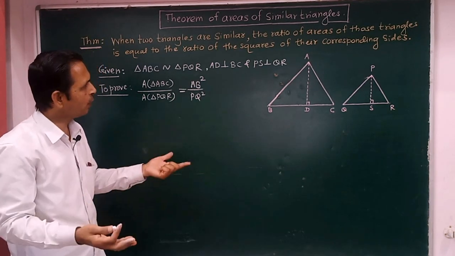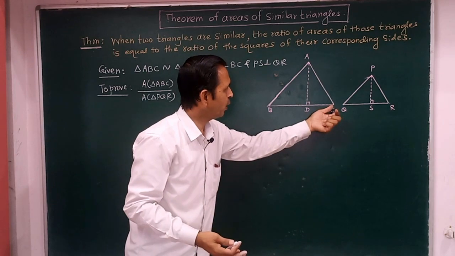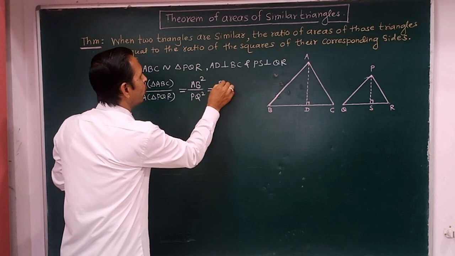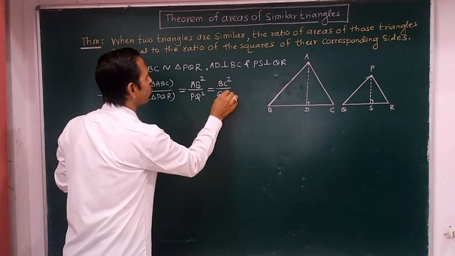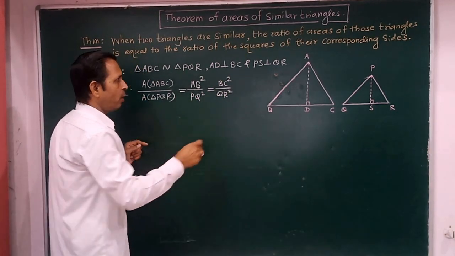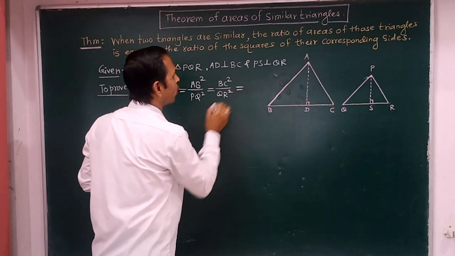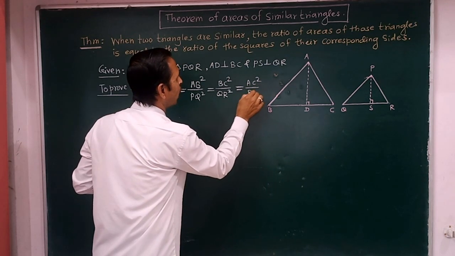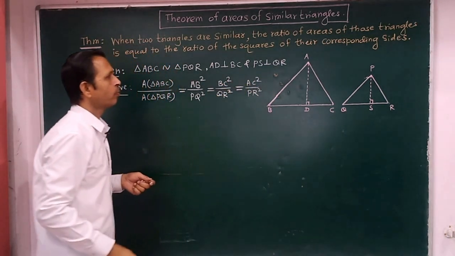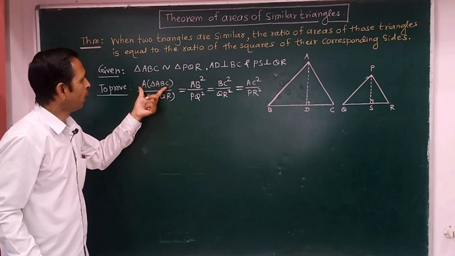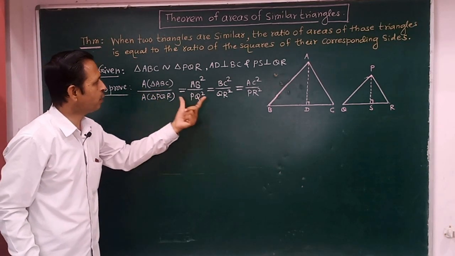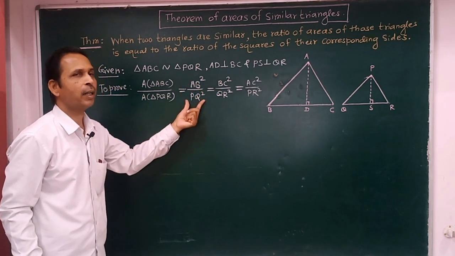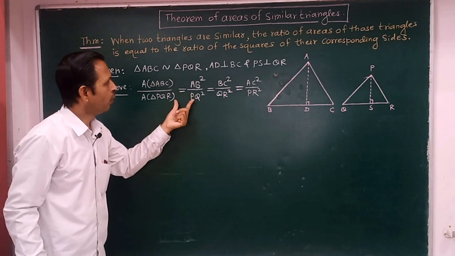Or we take another side: BC, whose corresponding side is QR, so this ratio is equal to BC square upon QR square. Or the third side, AC square upon PR square. So the ratio of areas of the two similar triangles is equal to the ratio of the squares of the corresponding sides.